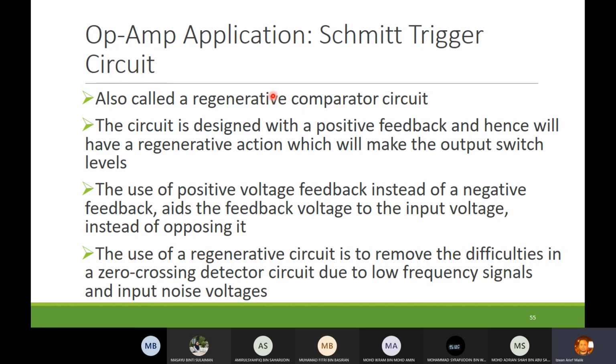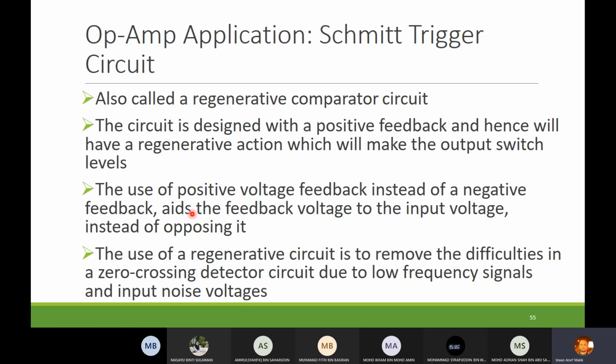Last one, op-amp application with the Schmitt trigger circuit, which is also called a regenerative comparator circuit. So the circuit is designed with a positive feedback and hence will have a regenerative action which will make the output switch levels. Okay, so the use of positive voltage feedback instead of a negative feedback aids the feedback voltage to the input voltage instead of opposing it.